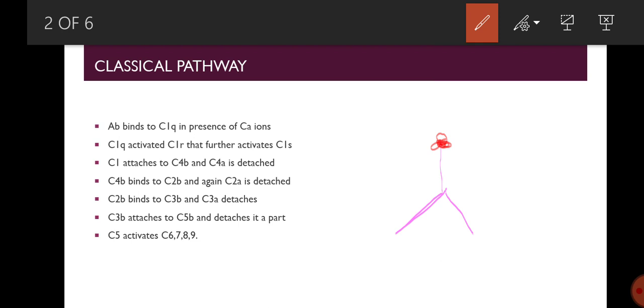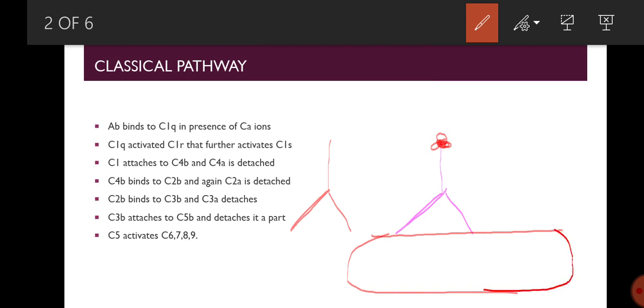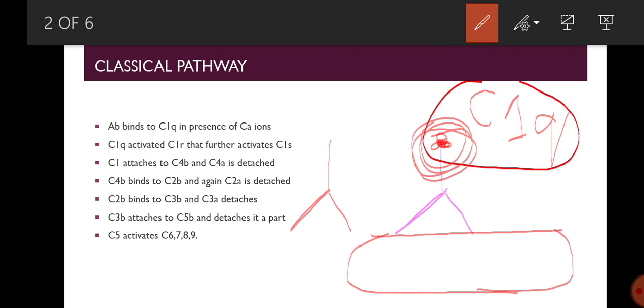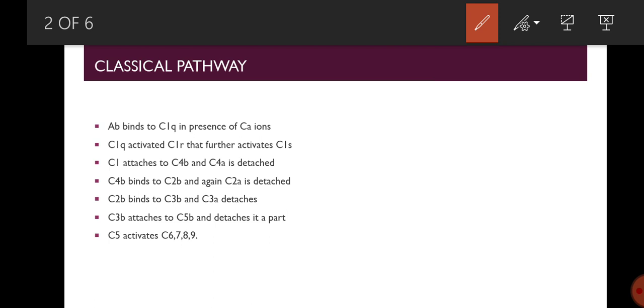This active part is not very active when it is not bound to the surface of the bacteria. When it is bound to the surface of the bacteria, this part will bulge out. When this part bulges out, C1q will bind to it. Okay, C1q will activate C1r and C1r will activate C1s.